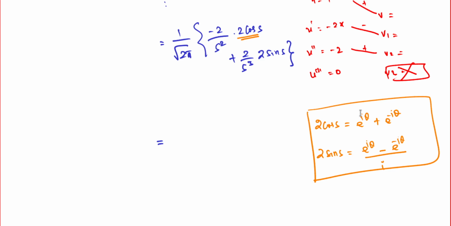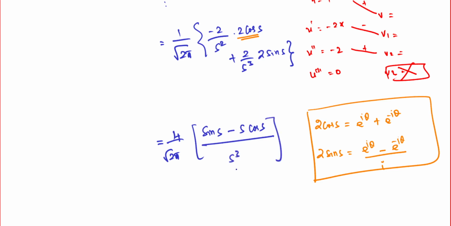Then you will finally get this expression: 4 divided by square root of 2 pi into sin s minus s cos s divided by s cube. Okay, so that's the expression that you will get. Remember, this is after simplification; a little bit of simplification is left out here.